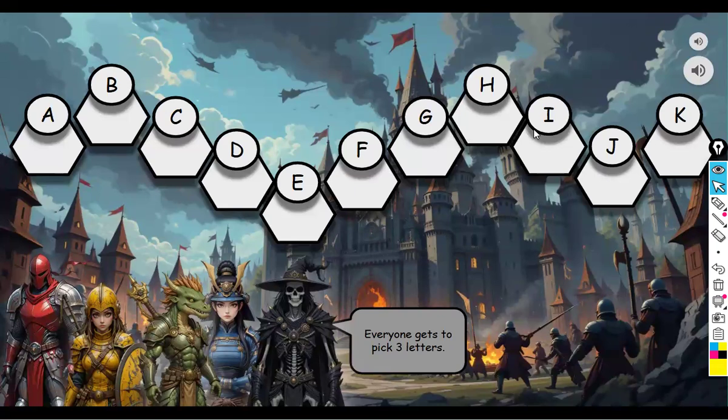All right, so here's what, everyone gets to pick 3 letters. I wish you the best of luck. Hope you get plenty of gems of your team color. Don't worry, guys. Every class I change up the gems order, so it's not the same thing as last week.